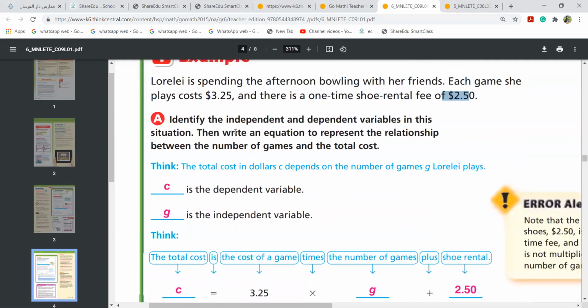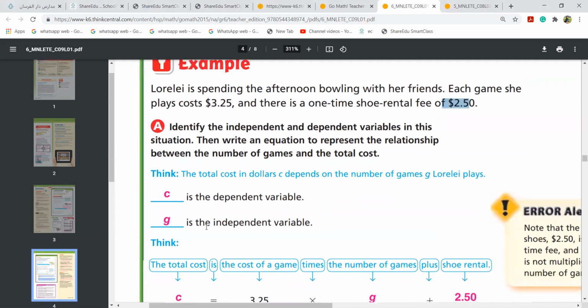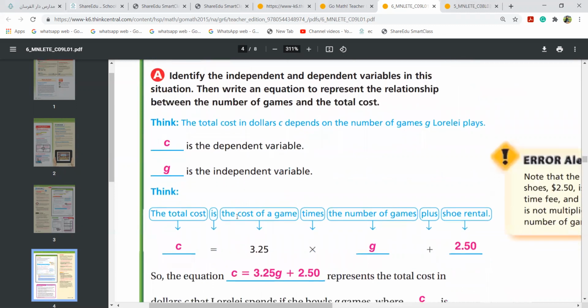C is the cost, which is dependent, and G is the number of games, which is independent. The cost depends on the number of games. C is the dependent, G is the independent, and you write this way. Why did I add plus 2.50? Because they said that you have to pay only one time, you have to pay $2.50 for a shoe rental.